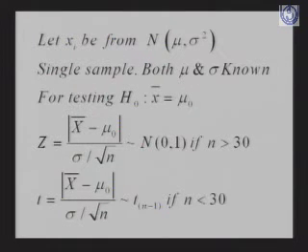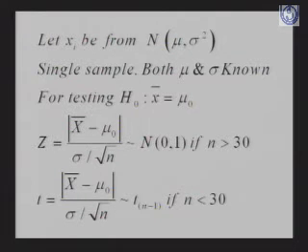Now let me take a particular case in which I am proceeding to test a hypothesis about the mean of the population, and on the basis of a sample I am going to be testing it. I draw a random sample of size n, and I assume that both the parameters mu and sigma are known to me.